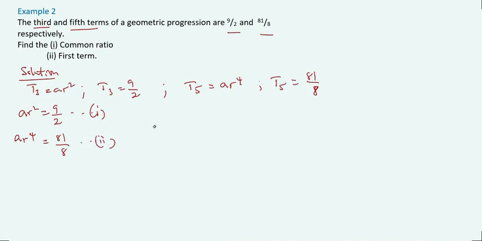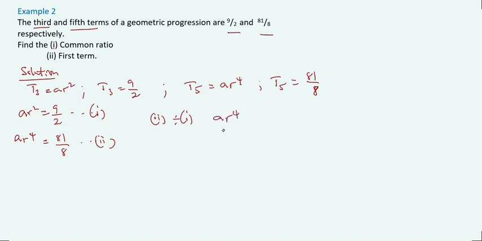Now for us to continue the way we did the previous one, since this one has the power of 4 and this one has the power of 2, the one that has the higher power should go up. So we'll say equation 2 divided by equation 1. So what's our equation 2?